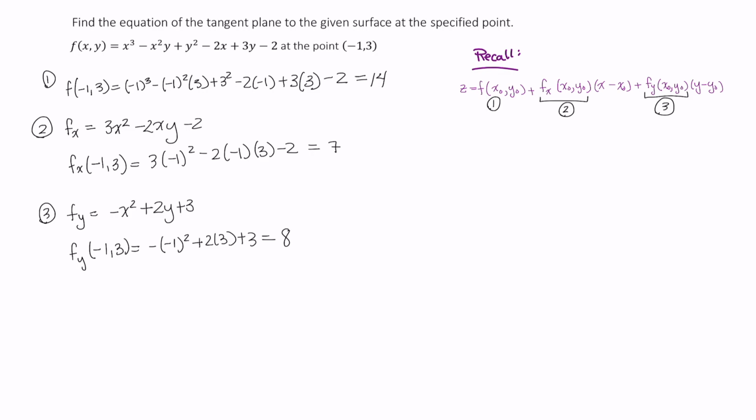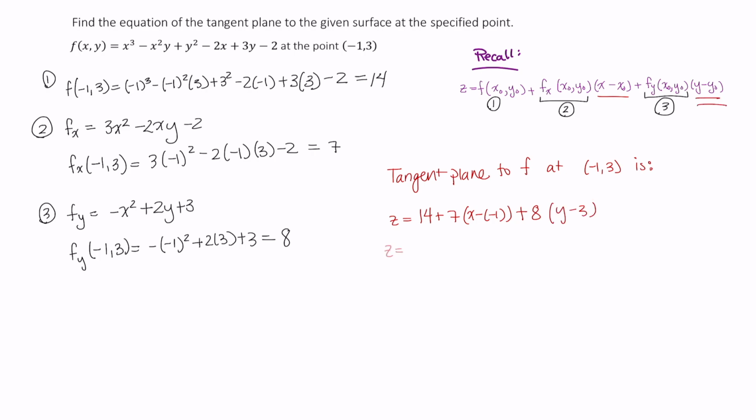Okay, so that tells me that the tangent plane to f at -1, 3 is z equals 14 plus 7 times, now that's this portion here, x minus -1 plus 8 times, and this is this portion here, y minus 3.